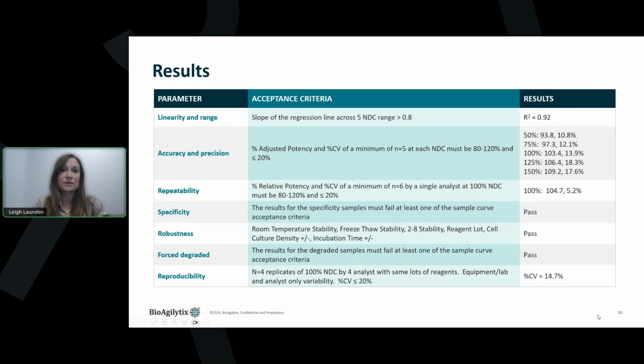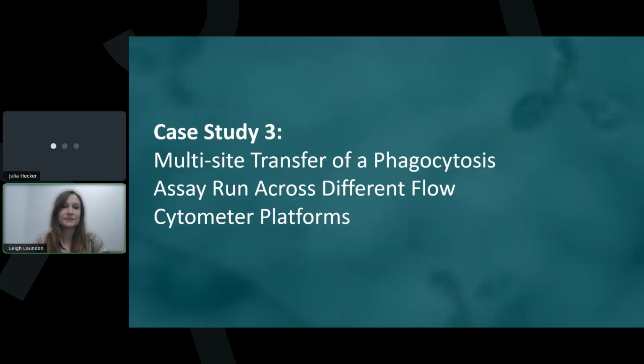This is great, and all parameters for this phase 3 validation met the desired criteria. So based on these results, we could say with great confidence that we had successfully transferred the method between the two sites, and that we could use the new cell counters for the method moving forward. With that, I will hand it over to Julia for the third case study.